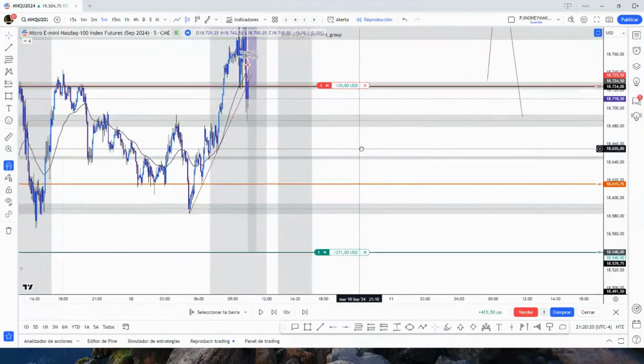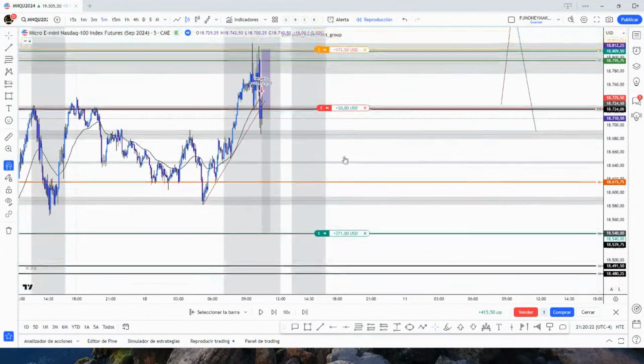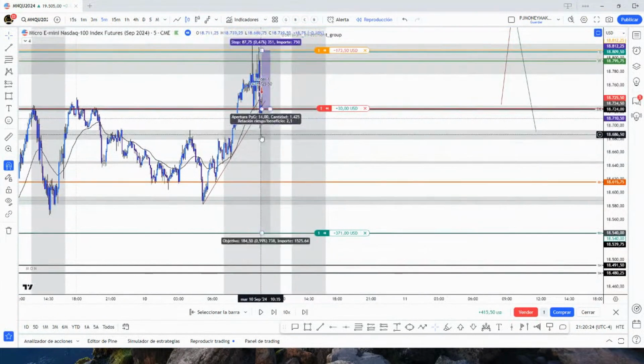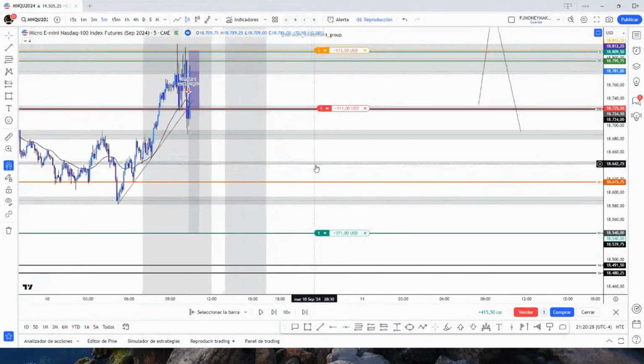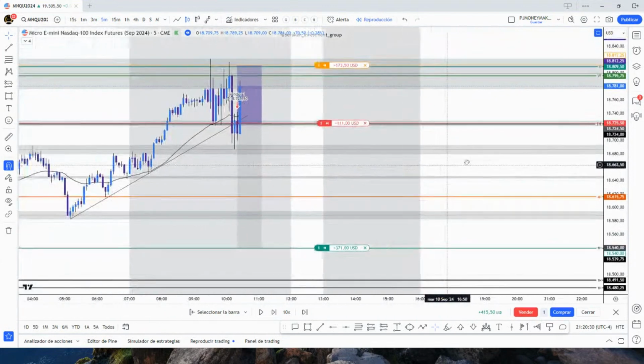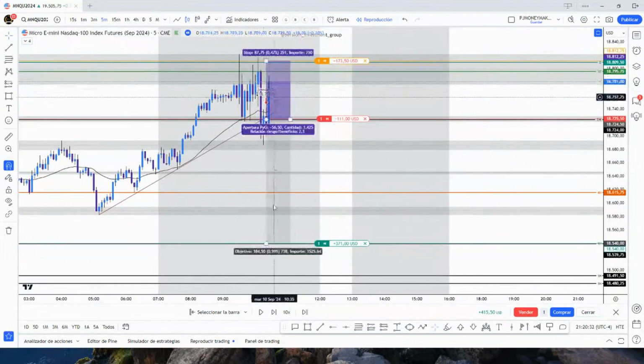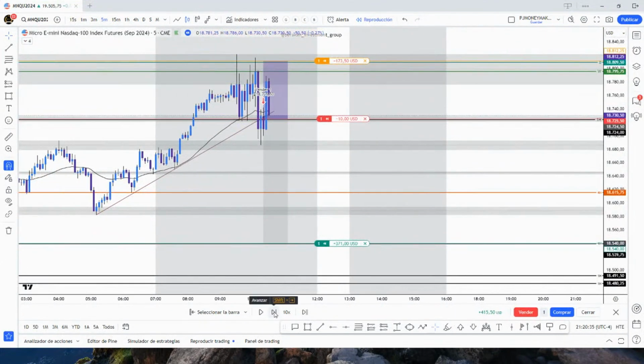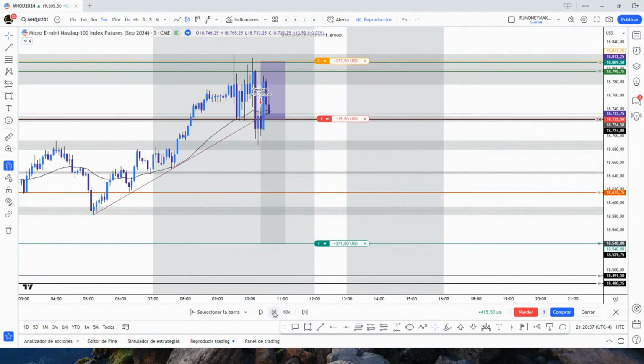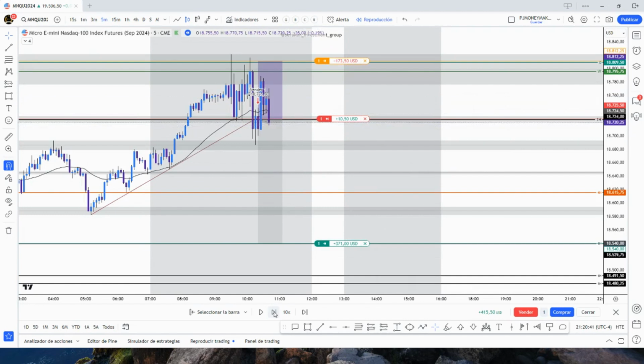We in profit already. Pay attention to this support right here. See how the market pulled back? Came back. Okay, we came back to the zone.